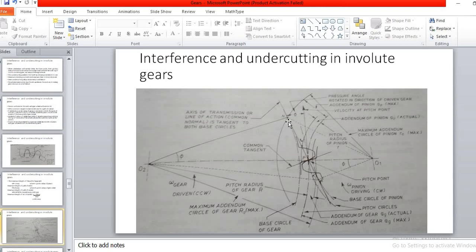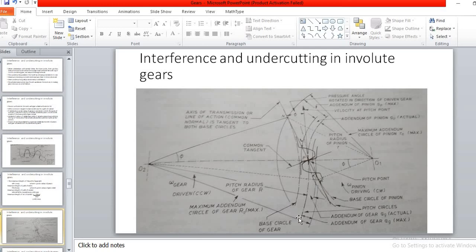M and N are the maximum points, beyond which, after extension of the addendum circle above this limit, undercut will be observed. So M and N are represented as the interference points.